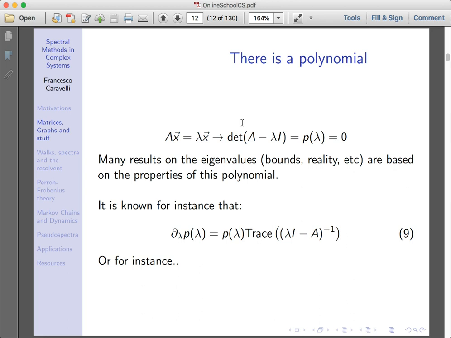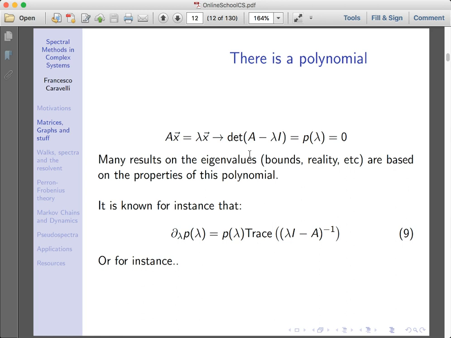the product is 0. Okay, but now you can write the determinant as a polynomial in lambda, and this implies that the eigenvalues of a matrix A can be obtained via the roots of the characteristic polynomial, defined as the determinant of A minus lambda I. Many results on the properties of eigenvalues of matrices can be inferred via the properties of the characteristic polynomial per se.